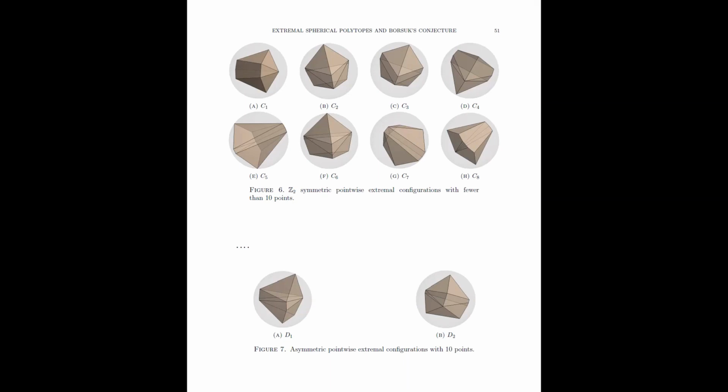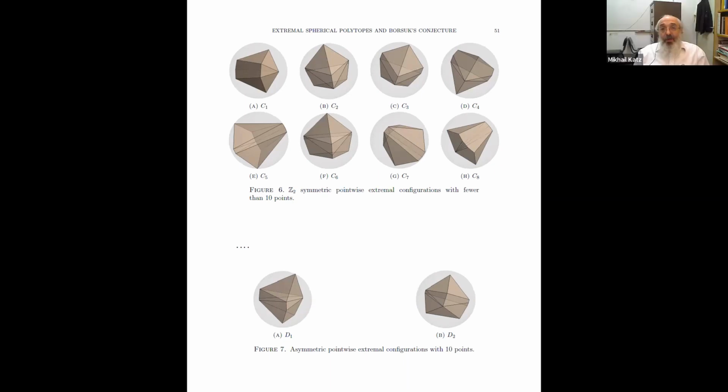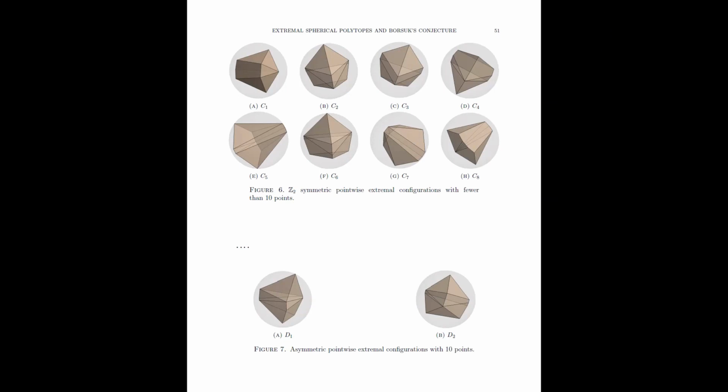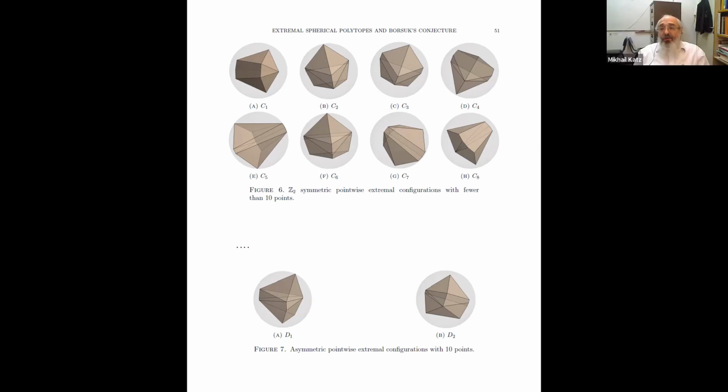Can you hear me? So again, below the bound 2π/3, we know that every extremal configuration is actually minimal and anti-self-polar. Yes, this in particular is pointwise extremal. Now, whether or not there are configurations which are pointwise extremal but not extremal, I don't know.